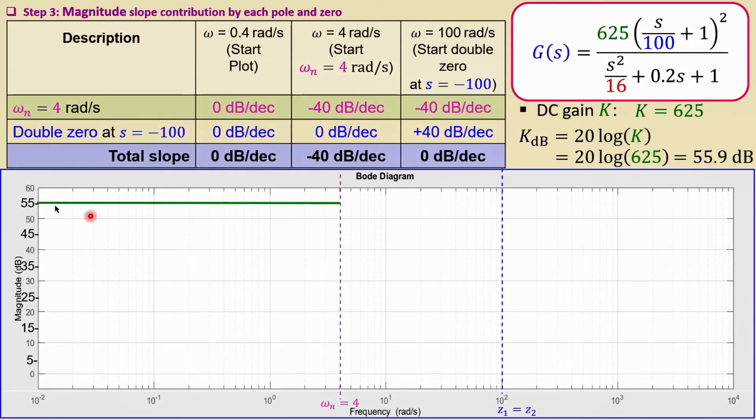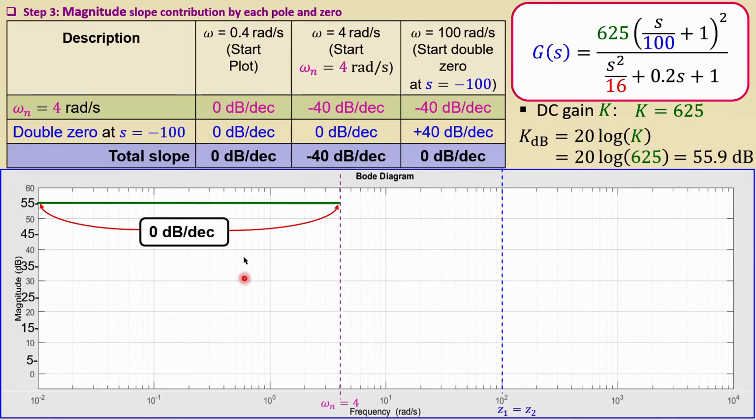Now, this is our DC gain, which is 55.9 dB. That's actually this value. Now we know we start this plot at 0.4, but in our case, we already started at 0.01, so much lower, and that is perfectly fine. Now this slope part up to 4 radians per second has a slope of 0 dB per decade.